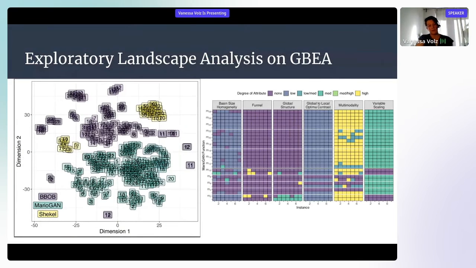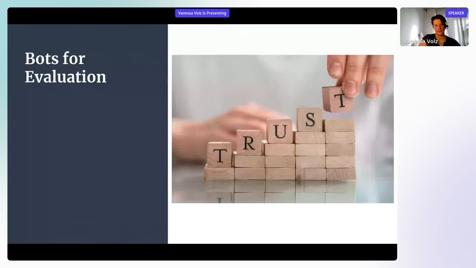And then we also are working on systematic analysis of the problem itself and what type of problem it's similar to, and what it's not similar to.